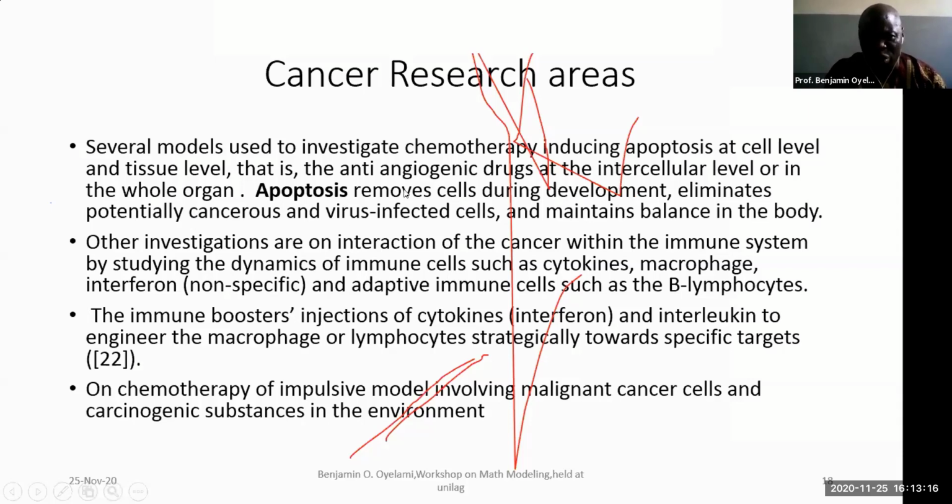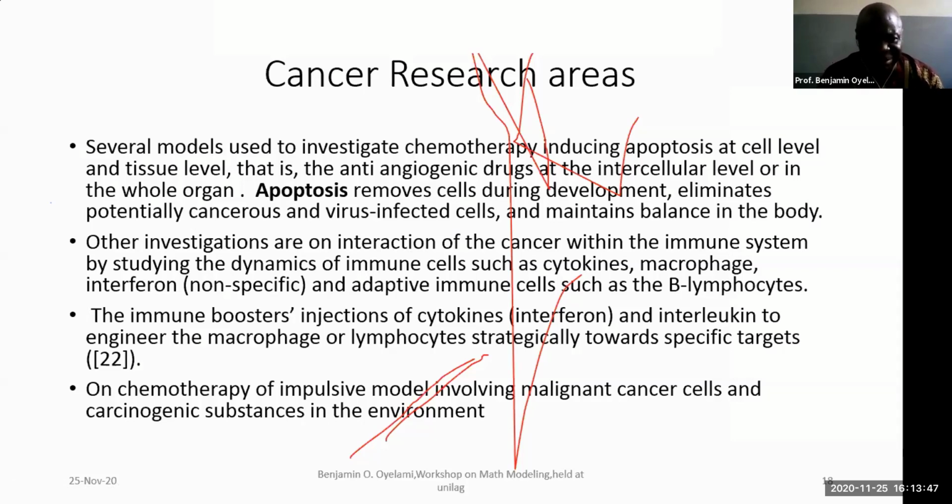So therefore, when we model a cancer cell, we must think about, in the parameters, what must we do to be able to see that these cells of the disease, maybe cancer, maybe COVID, are eliminated through the process of apoptosis. So some of the parameters that go into the model should be able to help us to achieve that.